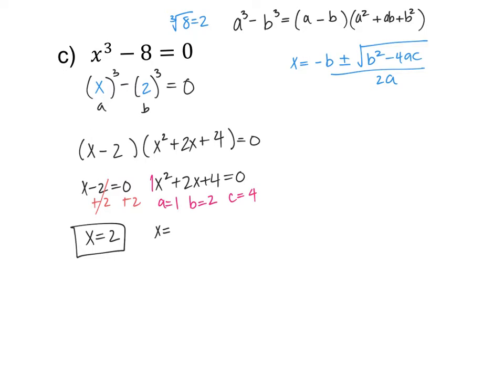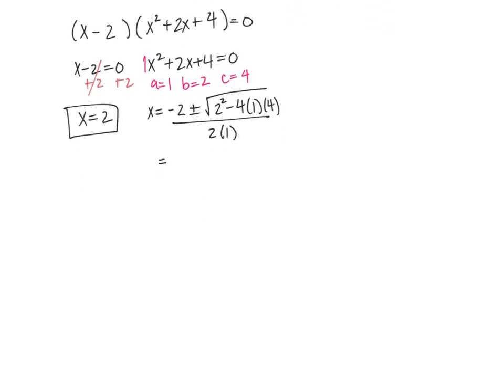And so from here, I'm going to plug in my b. So it's going to be negative b, so negative 2, plus or minus the square root of b squared, so 2 squared, minus 4ac, so 1 and 4 go in, times, on the bottom, 2 times 1, because 2a is on the bottom.